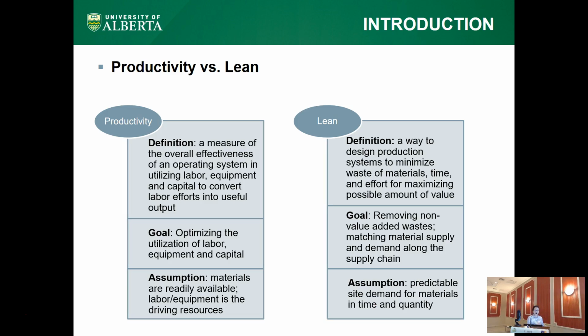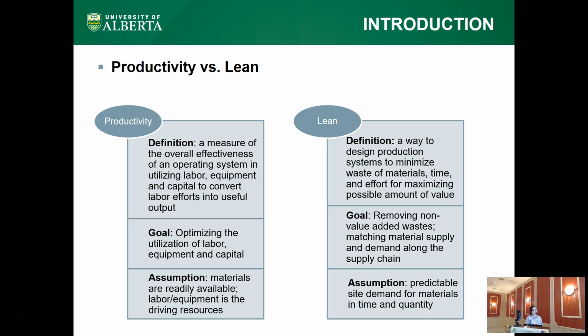The related literature in two areas, productivity study and lean construction, has also been reviewed. First, productivity is a measurement of the overall effectiveness in converting labor efforts into useful outputs, so its focus is the labor efforts and the equipment.